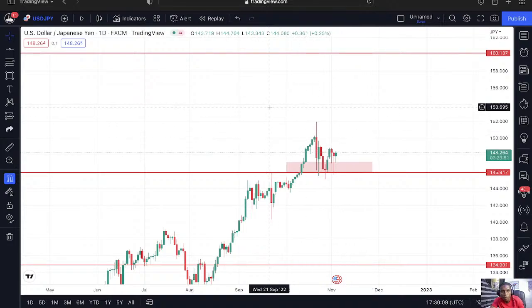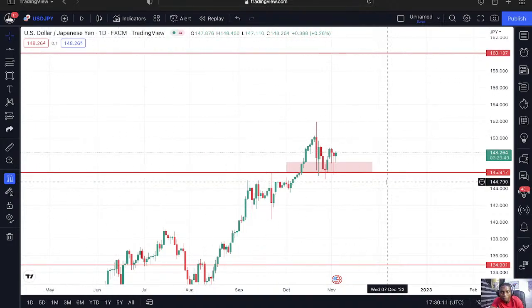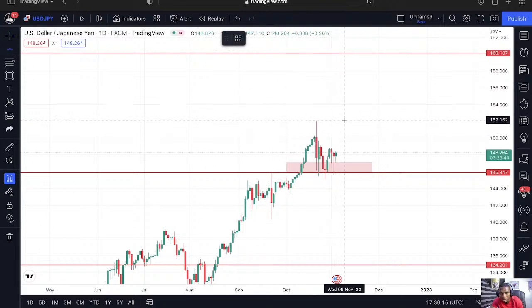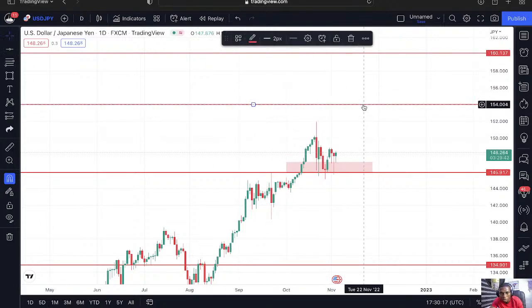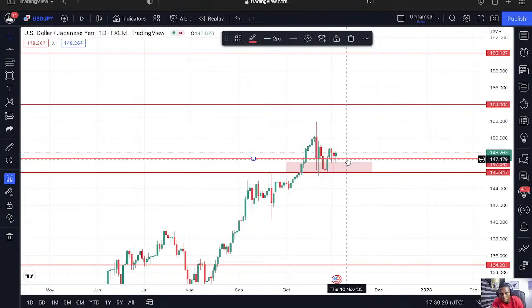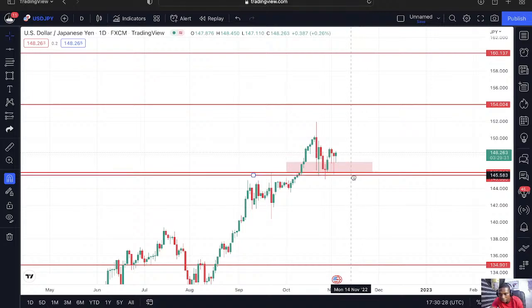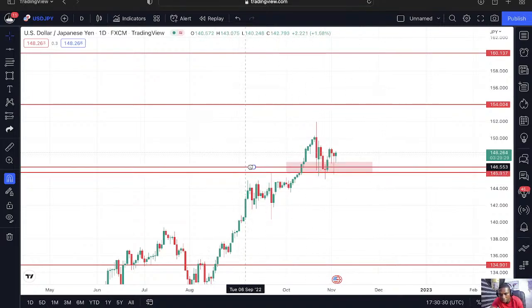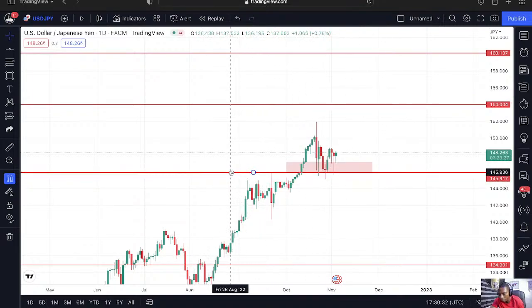So let's say our next target or level would now be, let's see, our stop loss. If we are buying here, our stop loss would be at this region, this support level, exactly.